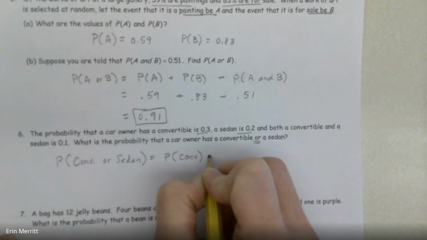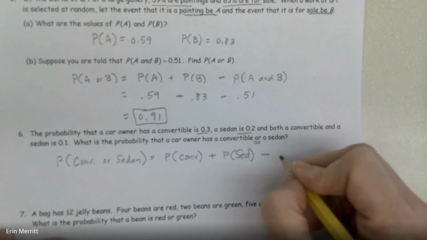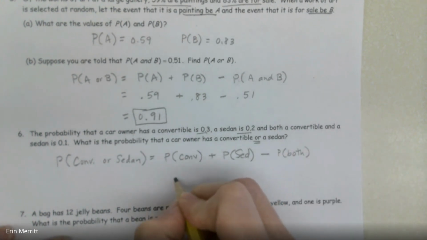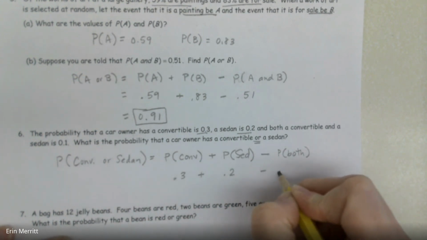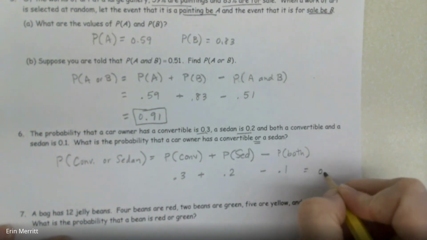Probability of the one plus probability of the other minus probability that it's both of those things. So 0.3 plus 0.2 minus 0.1. That would be 0.5 minus 0.1, so 0.4.